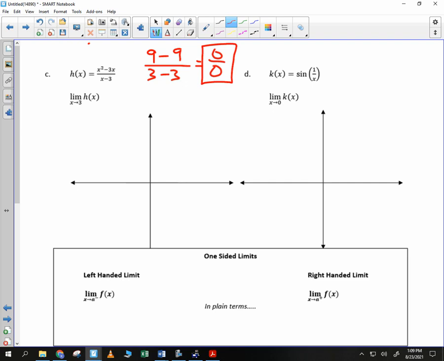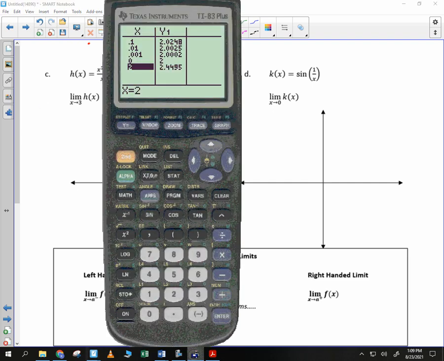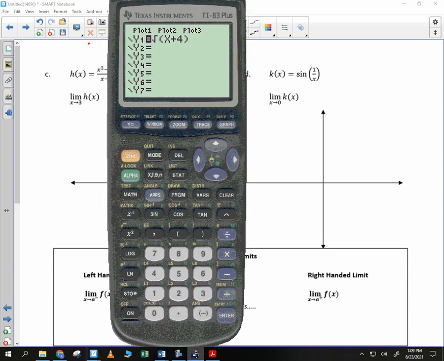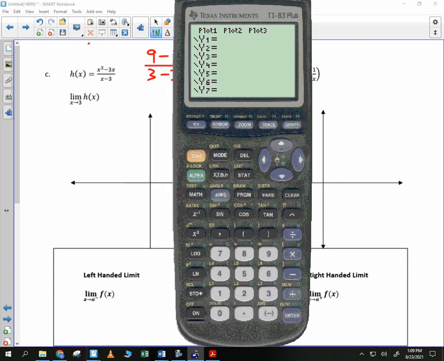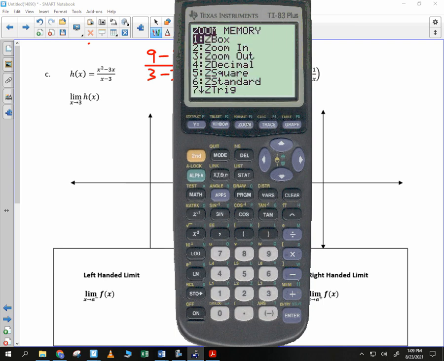Let's take a look at this graph. Go to your calculator. Go into y equals. Let's take parentheses so that we get the top graph, x squared minus 3x, divided by the bottom, which is x minus 3. And I'm going to zoom standard, zoom 6.